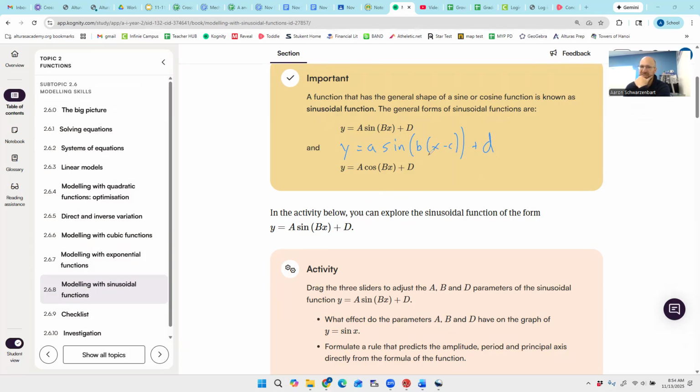C is my phase shift. 2 pi over B equals period. You're also going to see period written with a capital T. And A is amplitude.